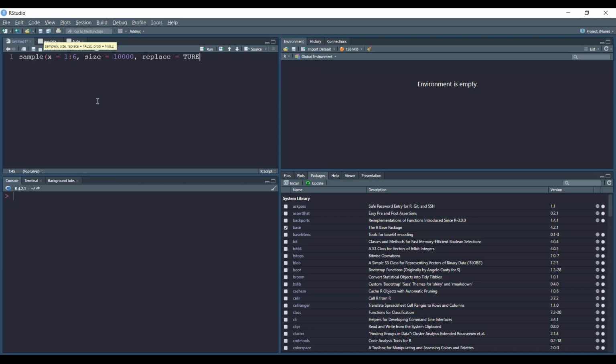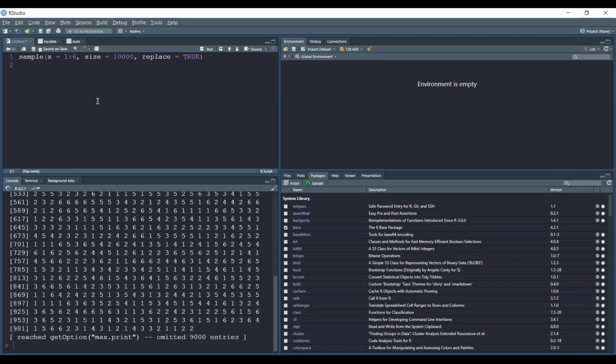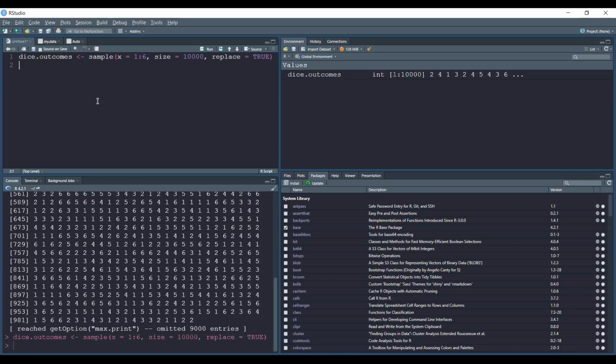Replacement is true. We are allowed, obviously, to roll a 6 more than once in these 10,000 trials. And probability, can I leave probability out? Would that just assume a uniform probability? Let's have a look. Let's say outcomes, dice outcomes, and we'll do a histogram of the dice outcomes.